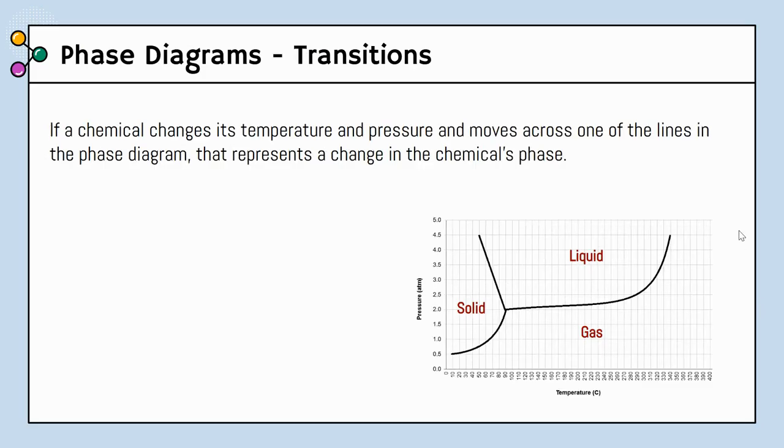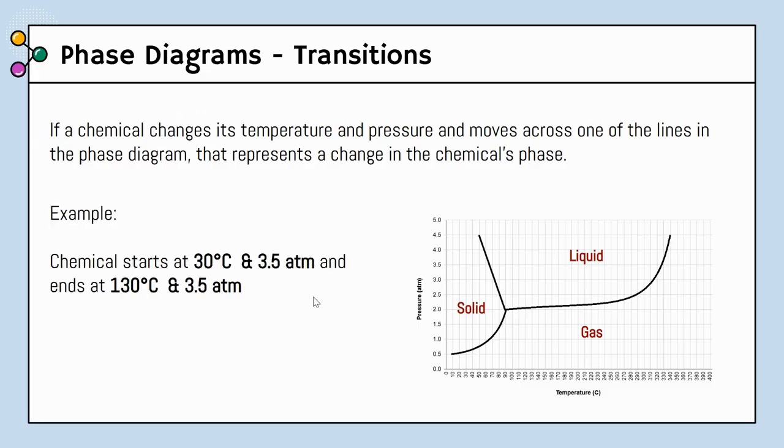We can also use phase diagrams to see what transition will happen, what kind of phase change will occur. Basically, if we go from one state to another, we should see a transition from one area of the graph to another across one of these phase lines. As an example, let's say a chemical starts at 30 Celsius and 3.5 atmospheres, and it ends at 130 Celsius and 3.5 atmospheres.